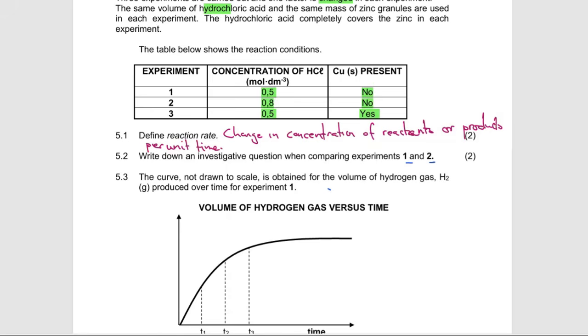So basically, if I'm to write a basic one, I'm going to say, what is the relationship between the concentration and reaction rates, right, like that. So now I was able to identify the independent and the dependent variables.